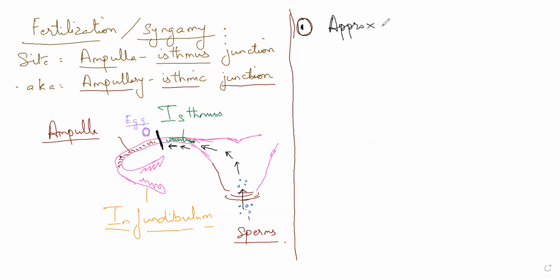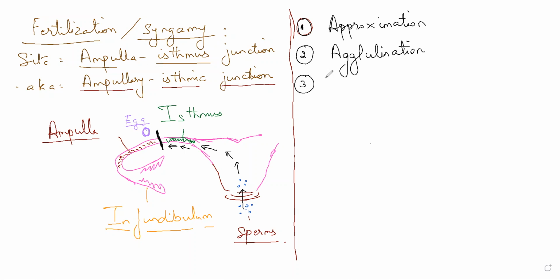Let us first write the names of the steps, then we will discuss them further. Approximation actually means that the gametes come close to each other. The sperms come close to the egg. Second, agglutination. Agglutination means binding. One of the sperm becomes fixed to the surface of the ovum.